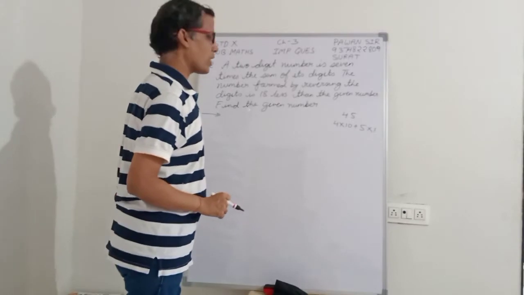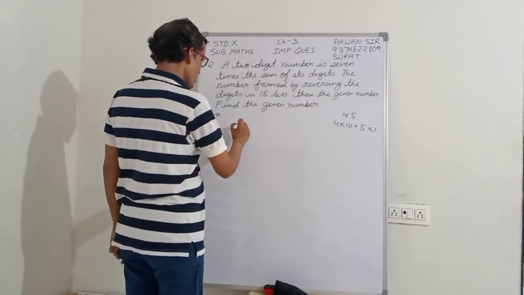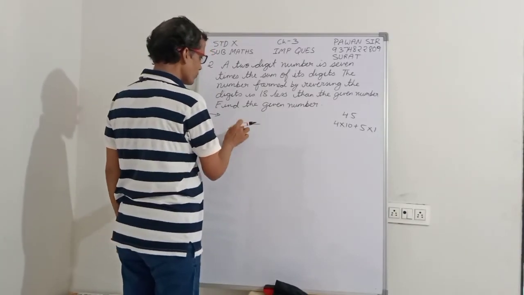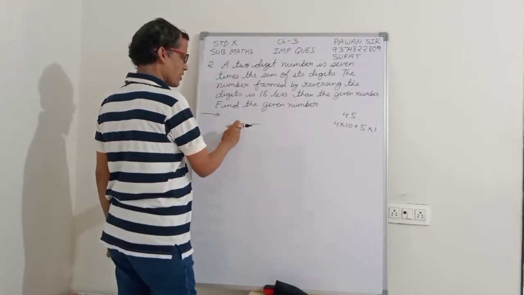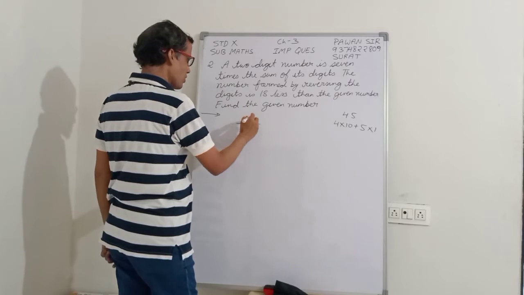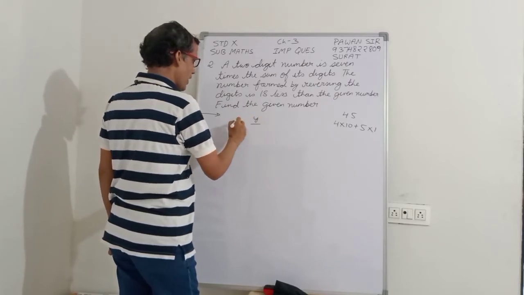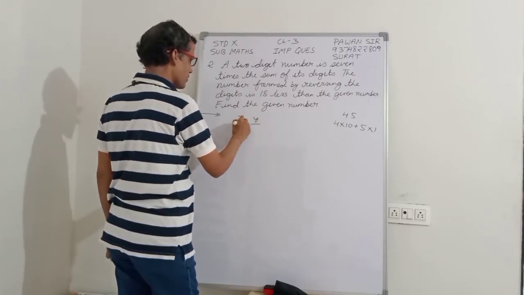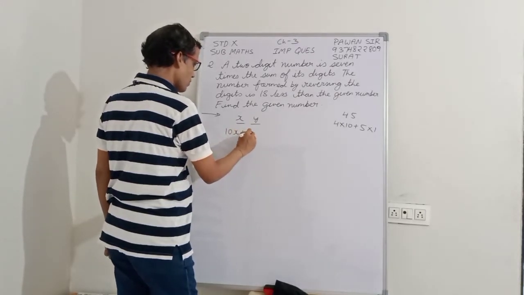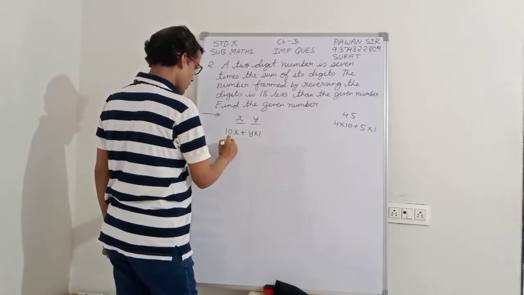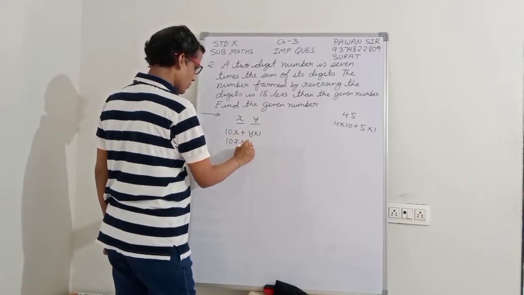So here we have to find the two-digit number. So two places are there. This is ones and this one is tens. Suppose ones place is y and tens place is x. So the number must be 10x plus y into 1, say 10x plus y.